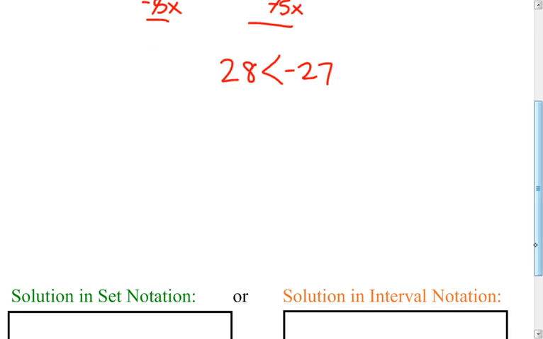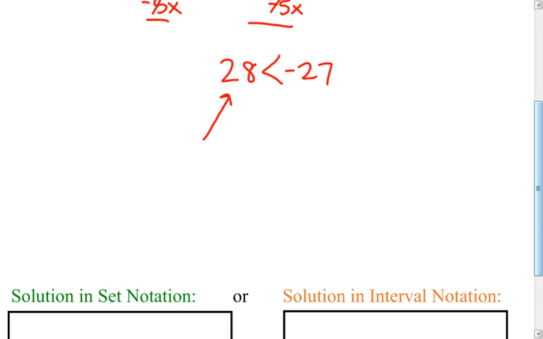You have two choices. Okay? Your two choices when your x's are gone. If this is a true statement, the question is this: is 28 less than negative 27? Is that a true statement? Is 28 smaller than negative 27? And no, it is not. Okay?